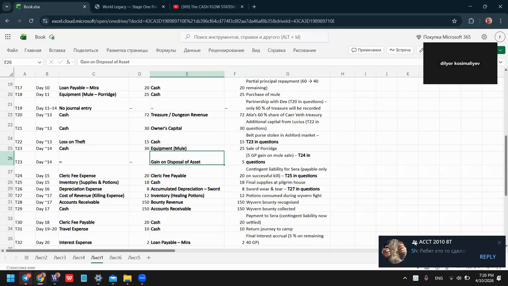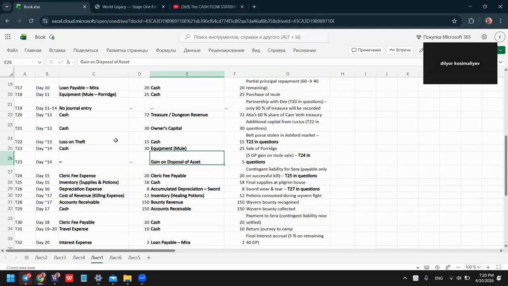So here we have cash, which is 30, and here it's 25. So we have a gain of 5 golden pieces from that sale, but in the journal entries, but in the income statement, it's just written as 30. So it was already counted.